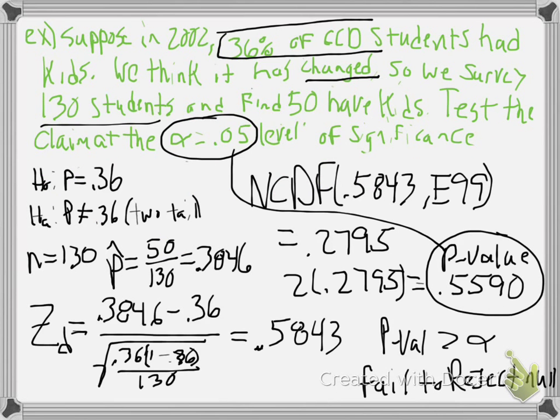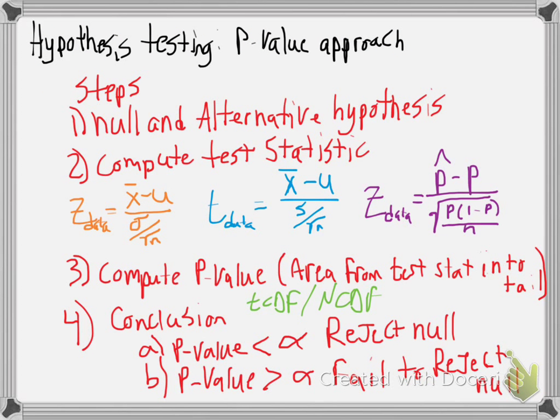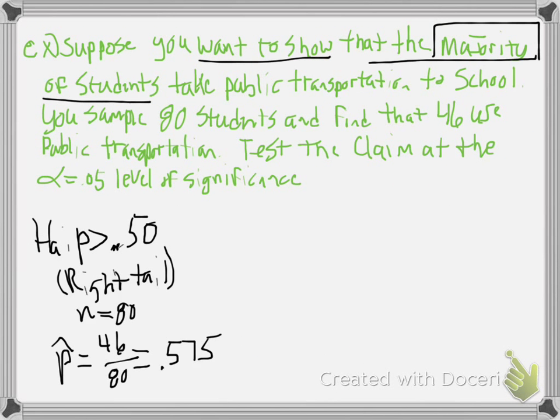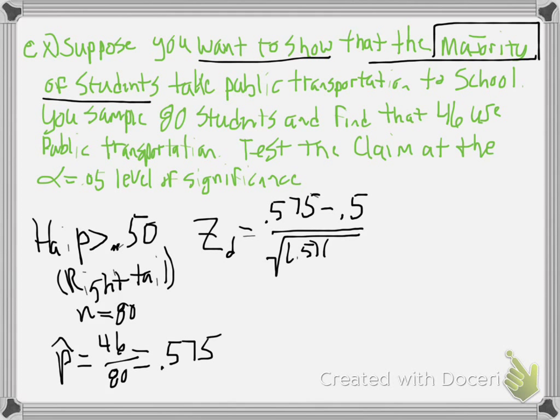So we have to figure out what test stat we're using, and once again, since we have percentages, we're using the z-stat, the purple one. So z equals the 0.575 minus the 0.5, that's half, over the square root of 0.5 times 1 minus 0.5 over n, which is 80.